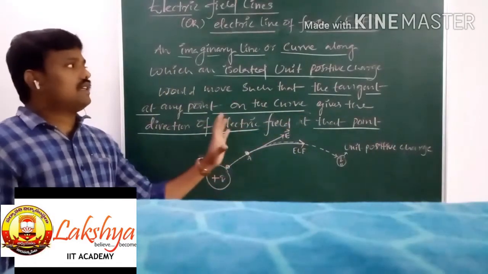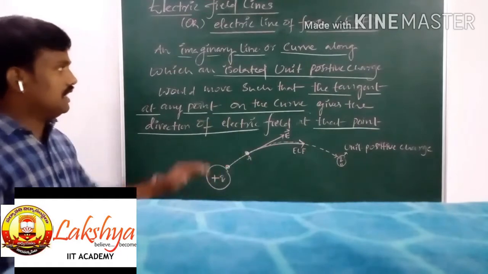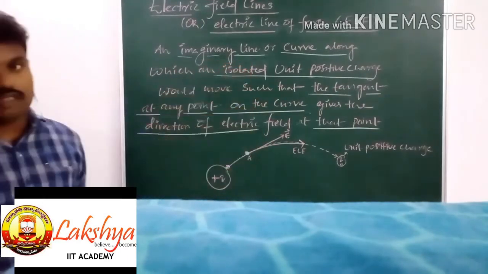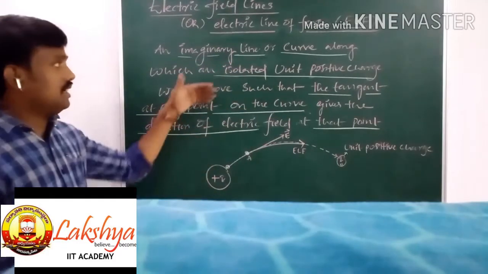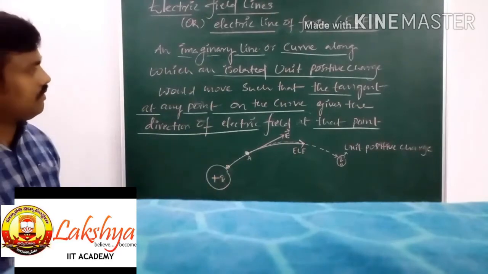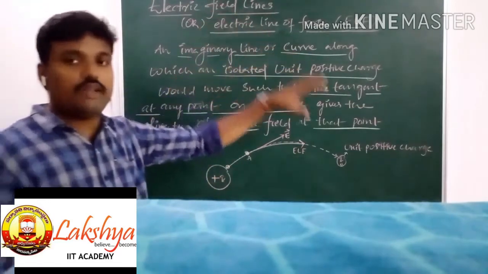Here you have to understand two points. It is an imaginary line or a curve. There is no real existence of these curves generally. Actually, we cannot see these lines in electric fields, and they are purely imaginary lines.